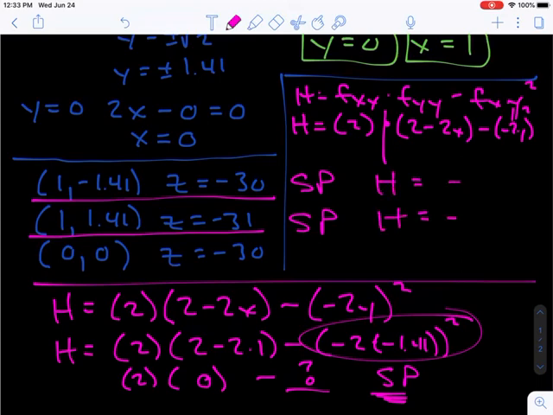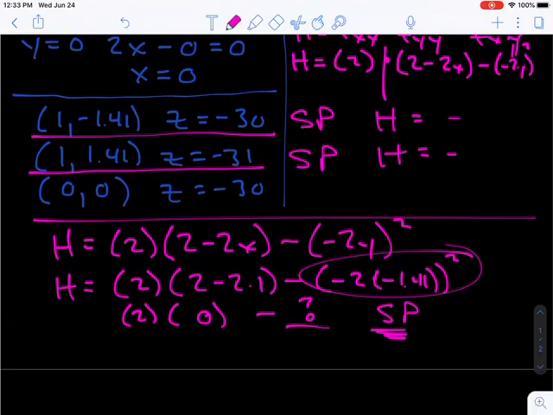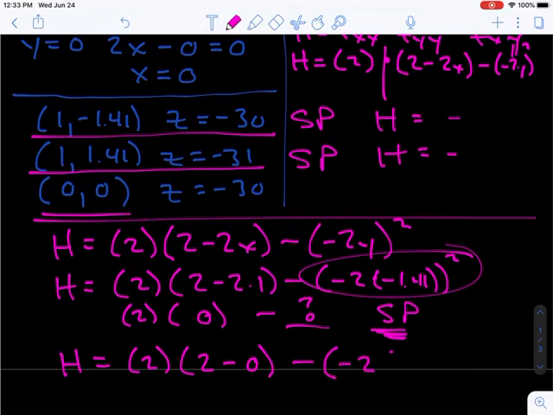And then finally, when we test the last point, h is equal to 2 times 2 minus, testing this point now, 0 minus negative 2 times 0 squared. So 2 times 2 minus, well, this is all going to be 0, so it's equal to 4. That means we have a maximum or a minimum point.